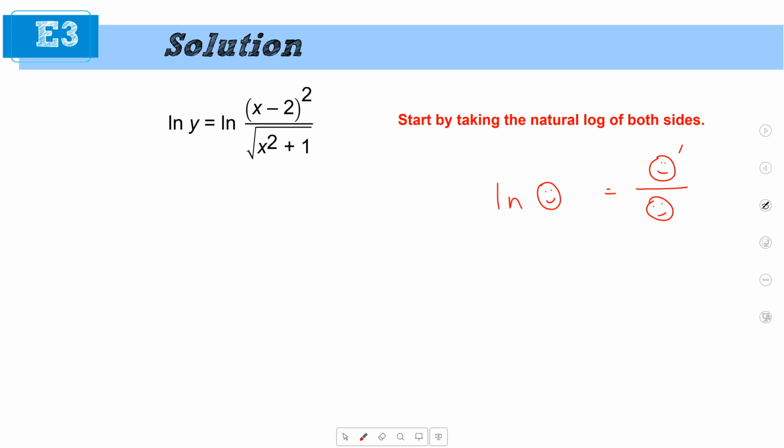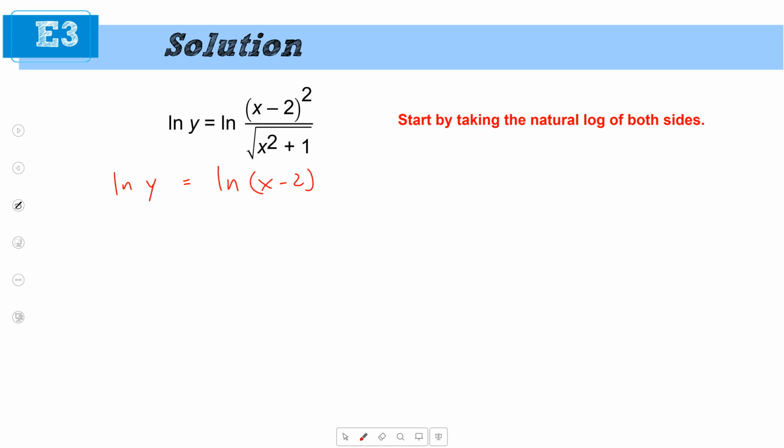Okay, which is absolutely ridiculous, but it will help us solve this problem. Okay, before I take the derivative, I'm going to use my log properties. Nothing to do on the left-hand side. This, however, can be split into a difference.